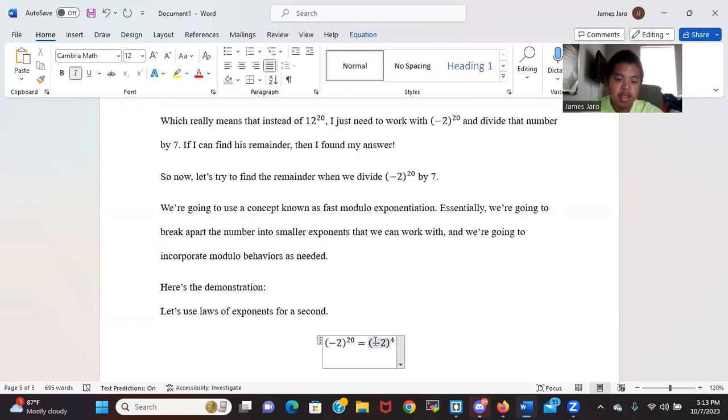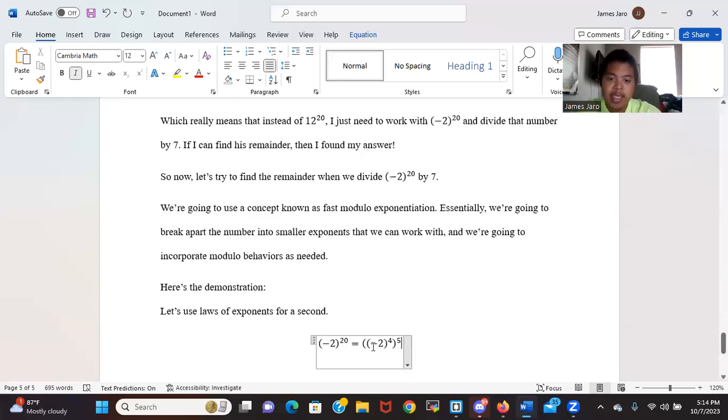One of the properties of the laws of exponents is that when we raise a power to another power, we multiply the exponents.